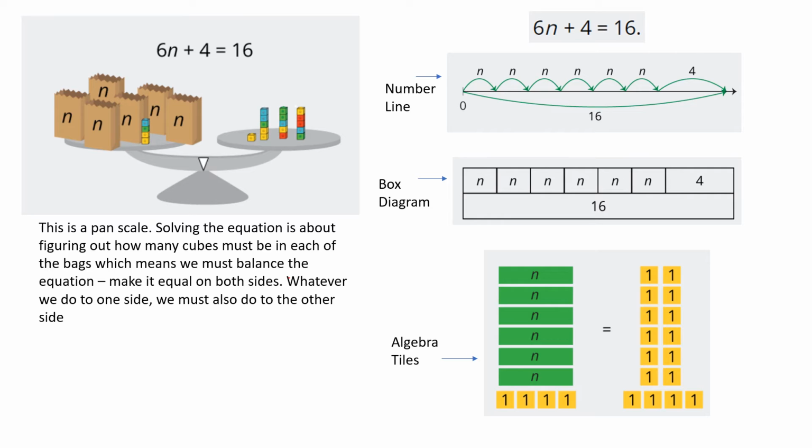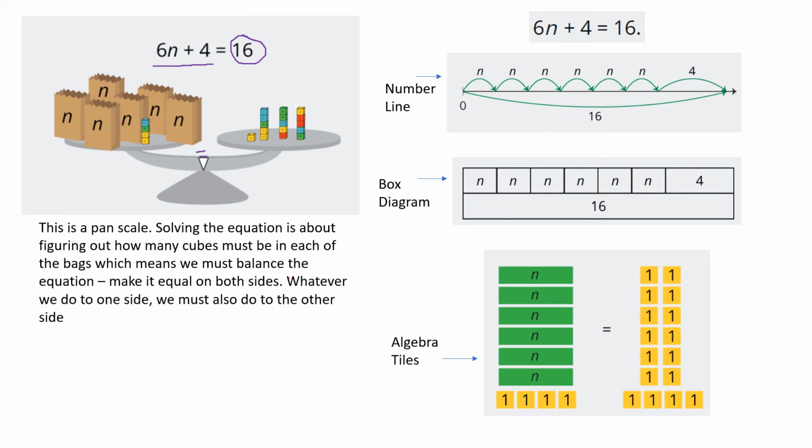So on the left side of the scale, we have 6n plus 4 because right in the middle of the scale is the equal sign. So we're only looking at 6n plus 4. So we have 1, 2, 3, 4, 5, 6 bags, which represent 6n, and then 1, 2, 3, 4 cubes, which represent the 4. Then on the right-hand side of the scale, we have 16. So because the 16 doesn't have an n or a variable, we represent it using cubes.